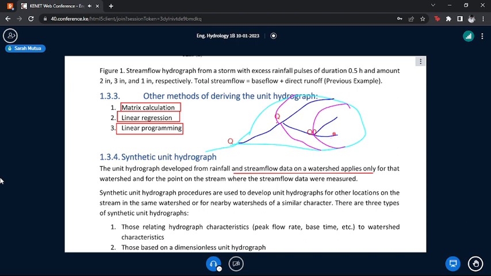And you cannot say, because this subcatchment is within this catchment, that you can use the unit hydrographs generated universally for any part. And not only that, if you have another river, you cannot use a unit hydrograph in another river.